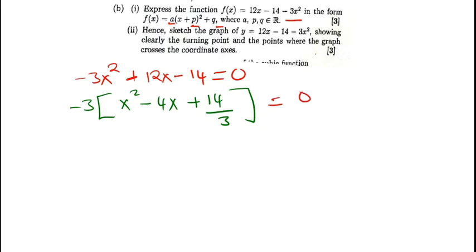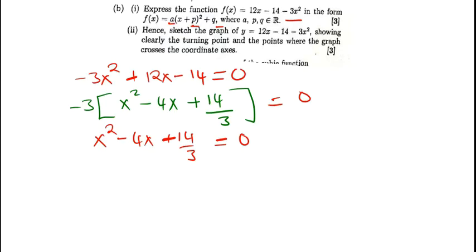So let's forget about negative 3 for a while. We have x squared minus 4x plus 14 over 3. At this point, let's have the constant on the other side.